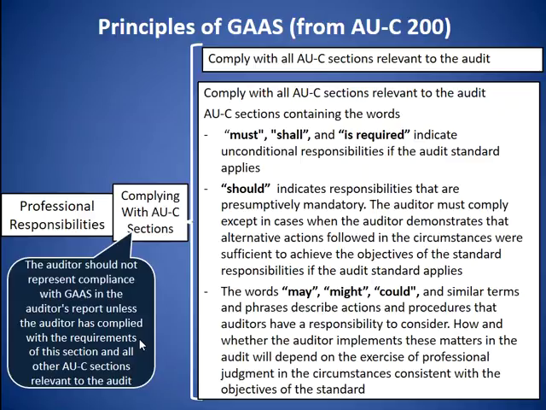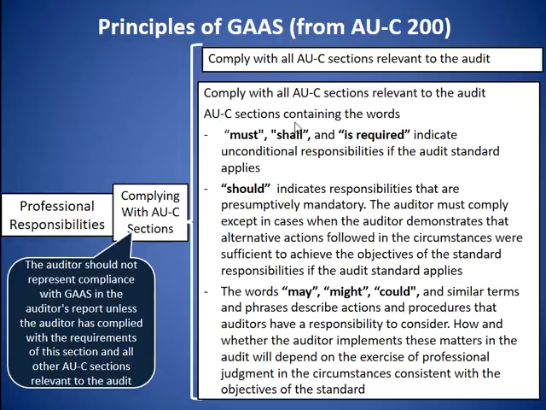Now, as I had mentioned, in the audit sections there are certain words that tip the auditor off as to what sections have to be complied with, or where the auditor can replace those standards with something else or ignore them. Again, this is comply with all AUC clarified sections relevant to the audit.